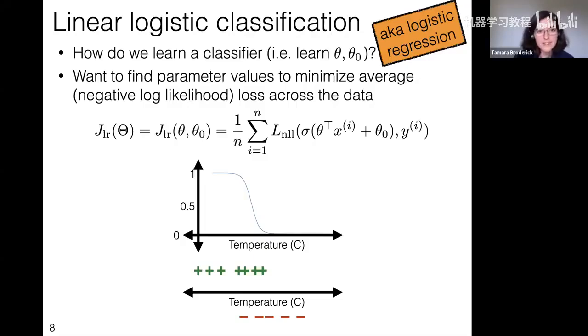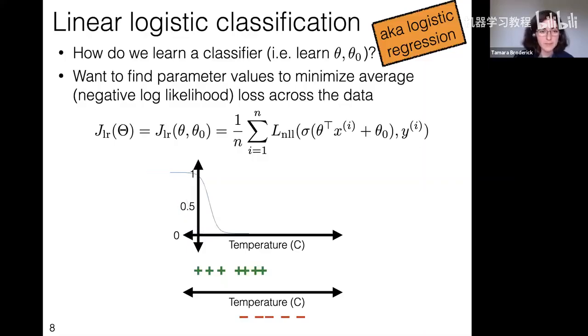Much like in our previous algorithms, we're going to start from some values theta, theta naught that probably aren't that good, because in general we don't know what we're doing when we start our algorithm. Then we're going to look at them and say, for this particular curve, there's a really low probability for these times I wear my coat. So it's not really good. So we should move it to make those a higher probability.